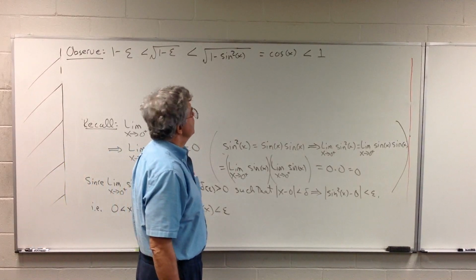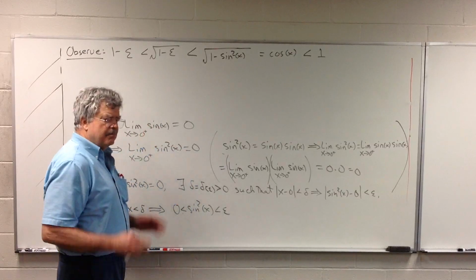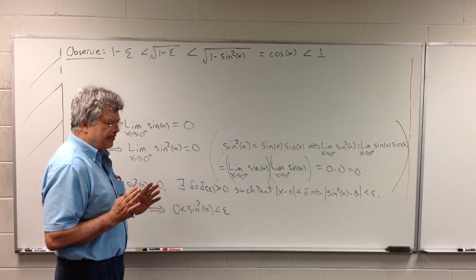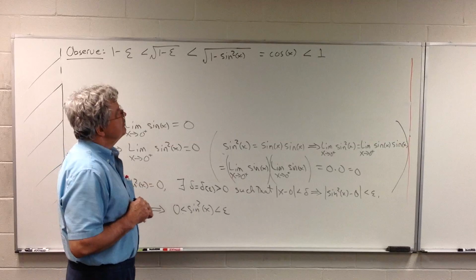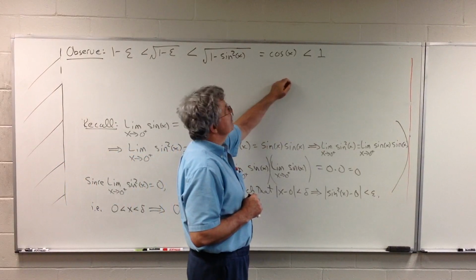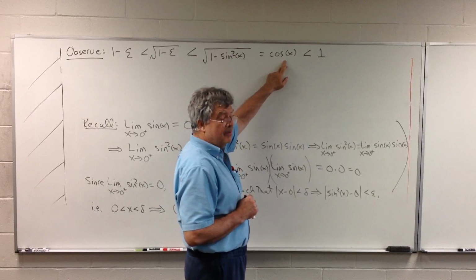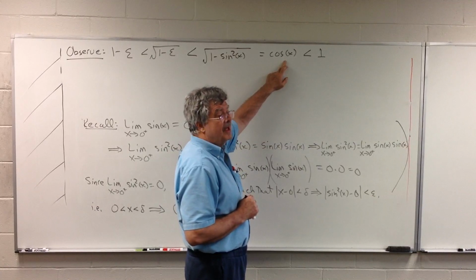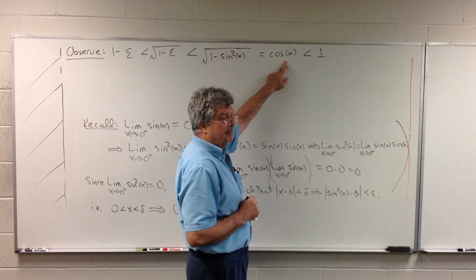Because x is in the first quadrant between 0 and pi over 2. In order for cosine of x to be equal to 1 in the first quadrant, x would have to be 0.